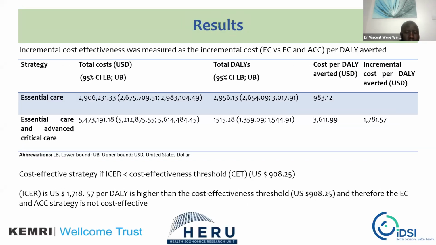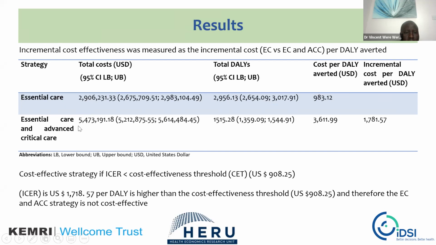And then these are the results. We found that the total cost of providing essential care is almost 2 million USD. And the total DALYs in this essential care is 2,900. Providing advanced care you need to spend $5 million, and the DALYs is 1,500.